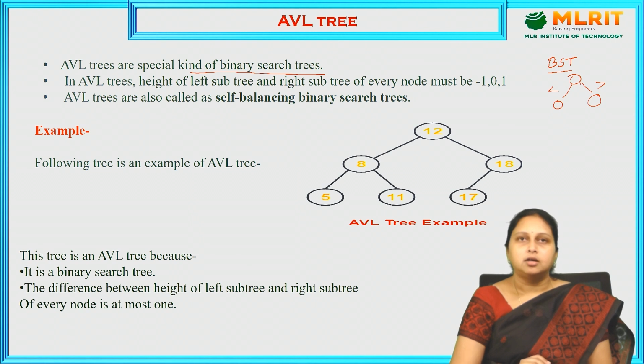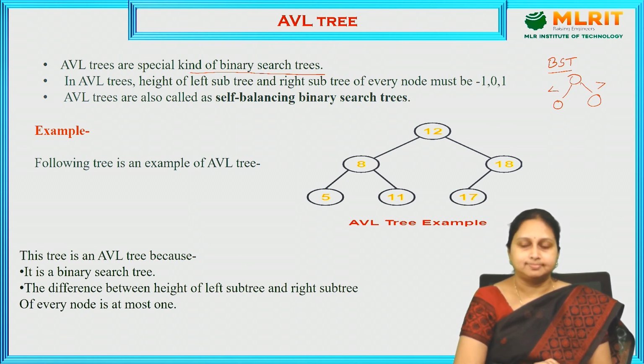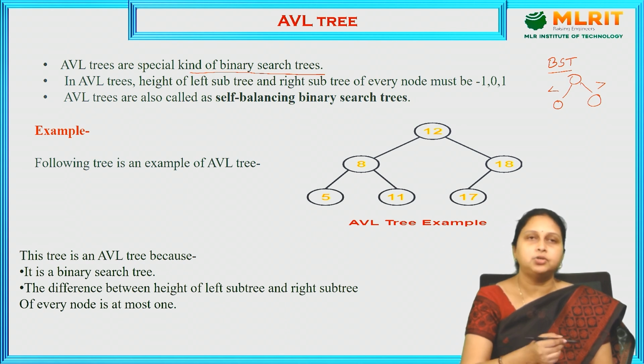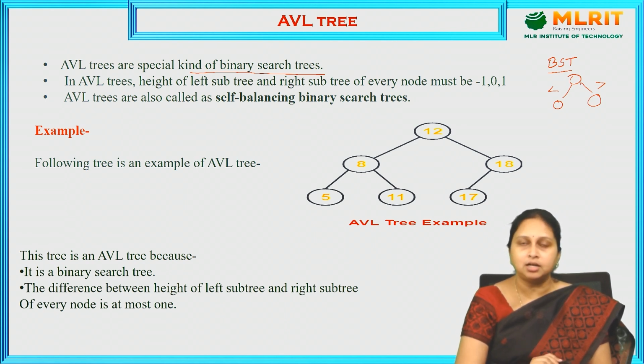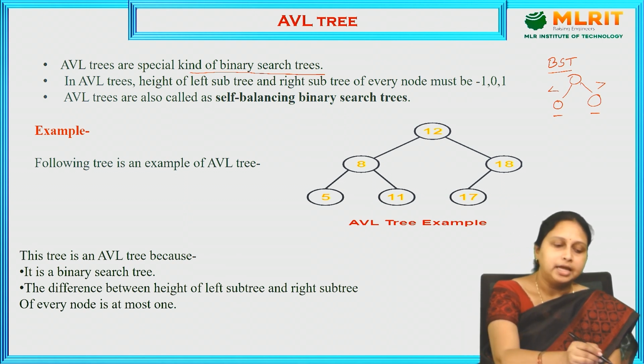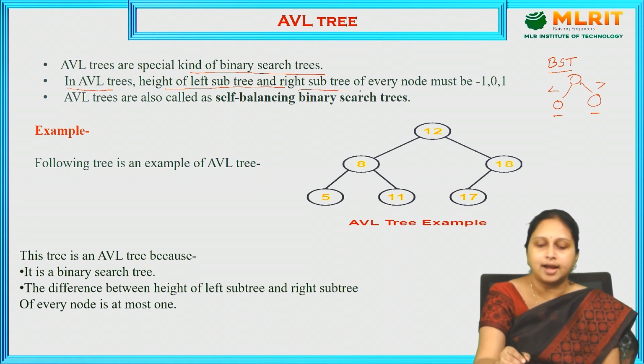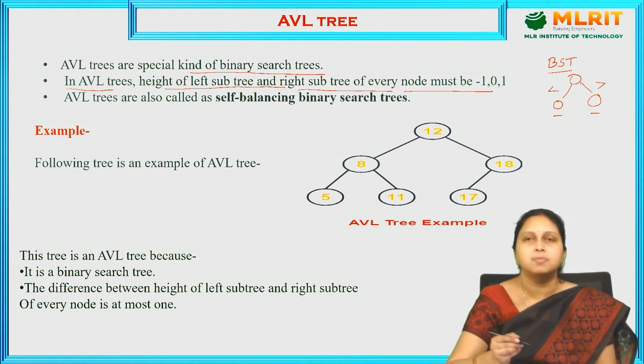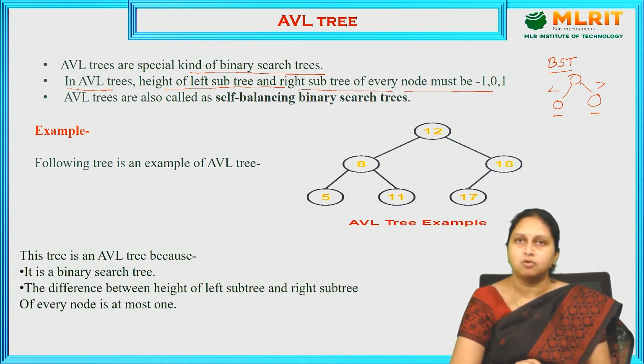This condition has to be satisfied for a binary search tree. Now, why are we going for AVL trees? The same thing we represent with binary search trees, but why do we need AVL trees? When I represent a binary search tree like this, there may not be balancing of the tree. In AVL trees, the difference between the height of the left subtree and the right subtree of every node must be -1, 0 or 1.